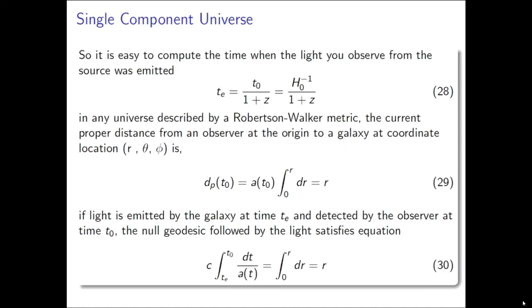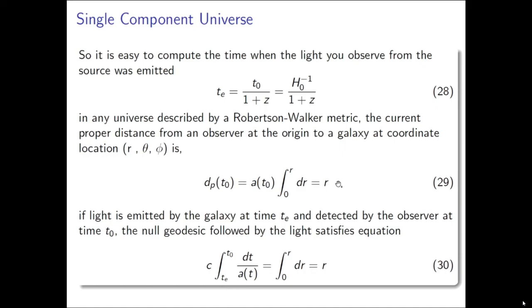The current proper distance from an object at the origin to a galaxy at coordinate r, theta, phi is given by equation number 29: d p at the time of observation is equal to a of t naught times the integral from 0 to r of dr, which is basically r. So on the right hand side I have only r, because a of t naught is the present scale factor, which we always normalize to be 1.